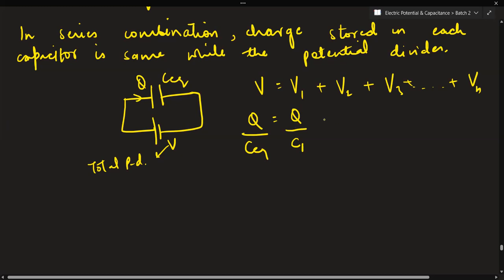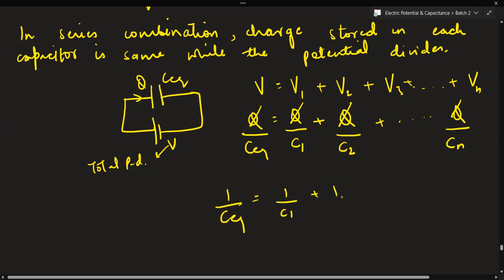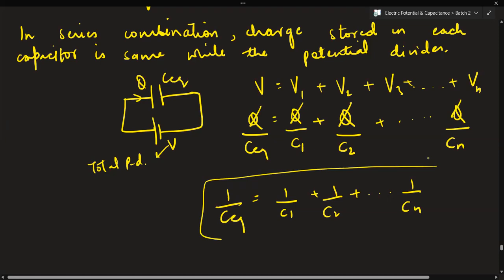Plus Q again, the same because it is connected in series, divided by C2, up till Q divided by Cn. See, all the charges get cancelled. Your C equivalent is given by 1 by C1 plus 1 by C2 up till 1 by Cn. This is the formula of series combination of capacitors.